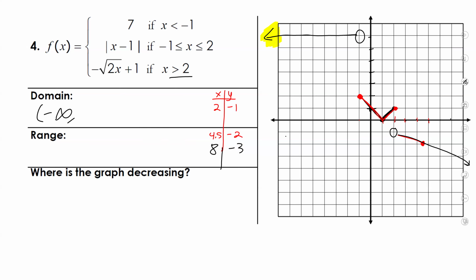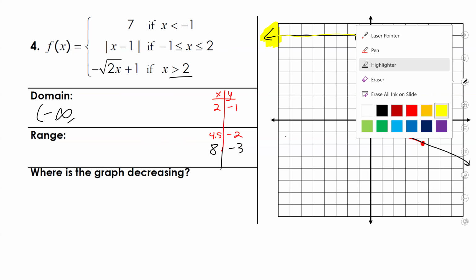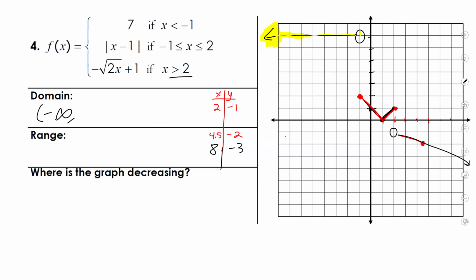My graph continues this way. Oh, and it jumps right here at -1. So is -1 included? It's open here, but it's closed right here. So -1 is included. So even though the graph jumps, the domain is still good.